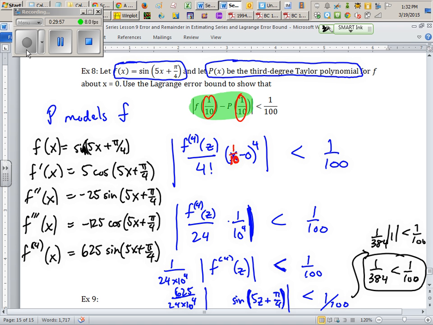But you might say, well, hold on, Mr. Shore, I'm not sure there is a z between 0 and 1/10 that will make this reach pi over 2 and make sine max out. You're probably right, but that's beside the point.